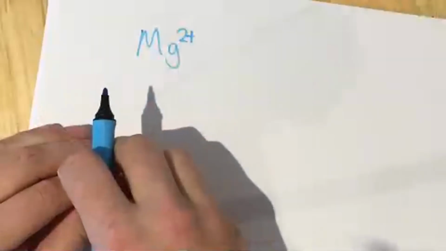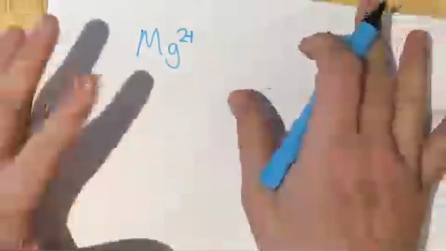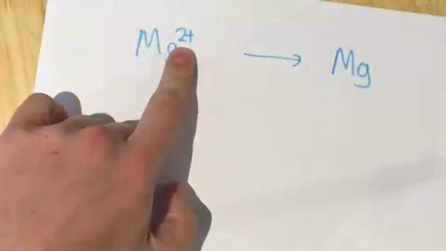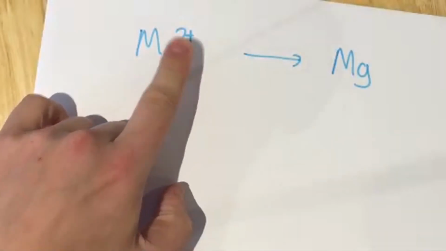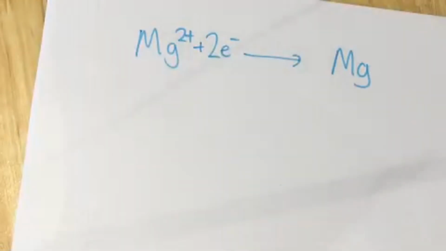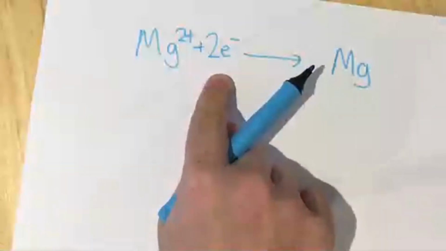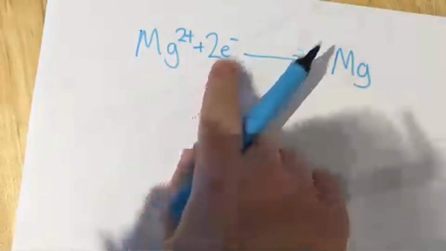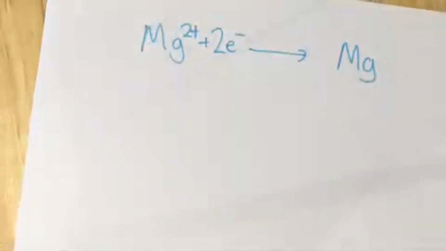So if I've got something like a magnesium ion, which is magnesium 2+, it wants to return back to an atom. Now, because it's 2+, the way it can go back is if it gains 2 electrons. Because it's 2+, and each electron has a negative charge, they cancel out and it goes back.